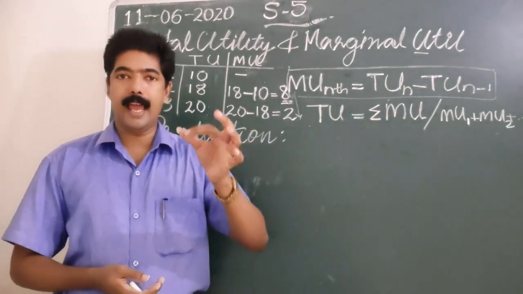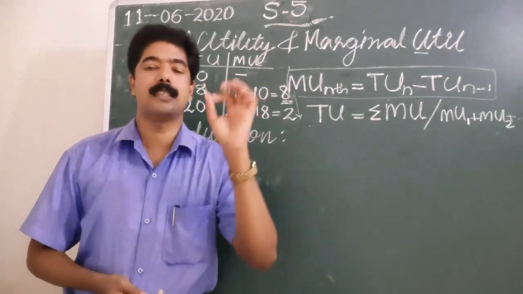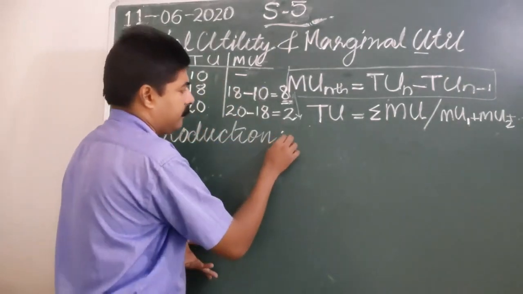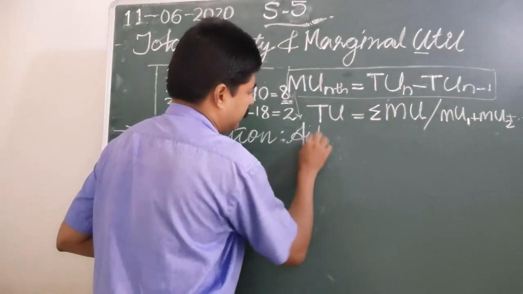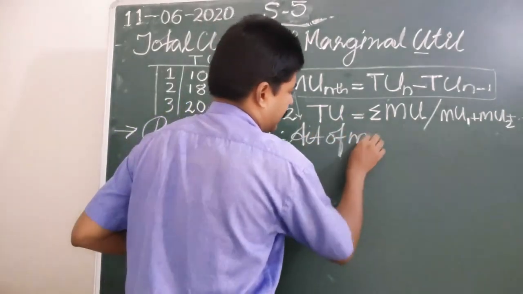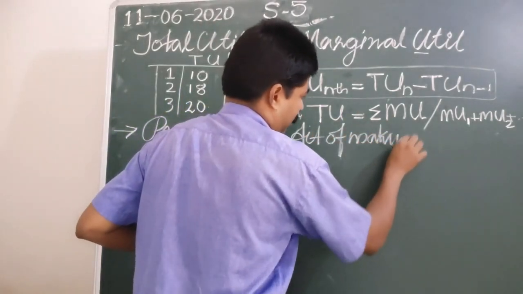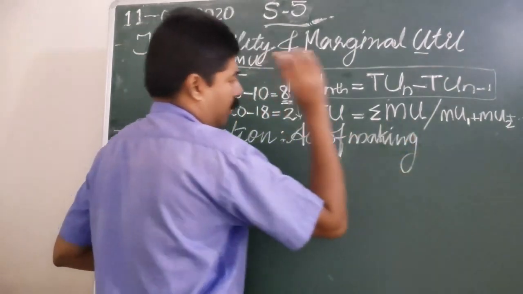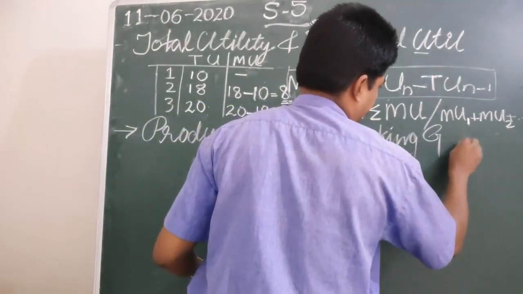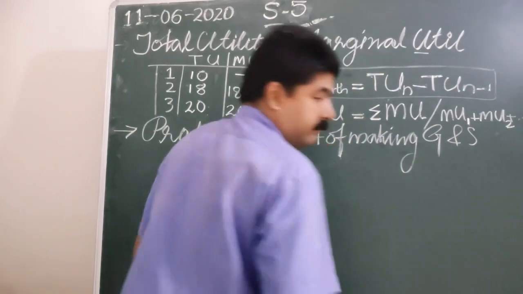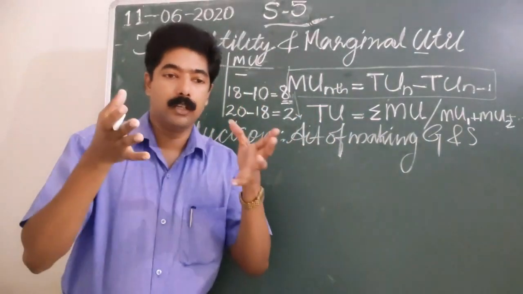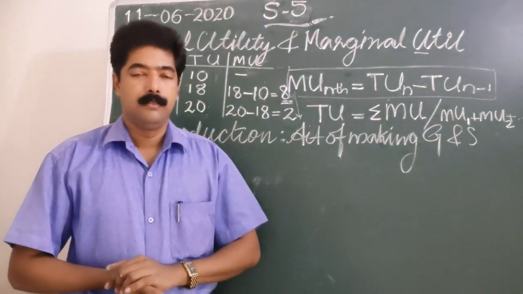Production is the act of making goods and services. You can write: production is the act of making goods and services.